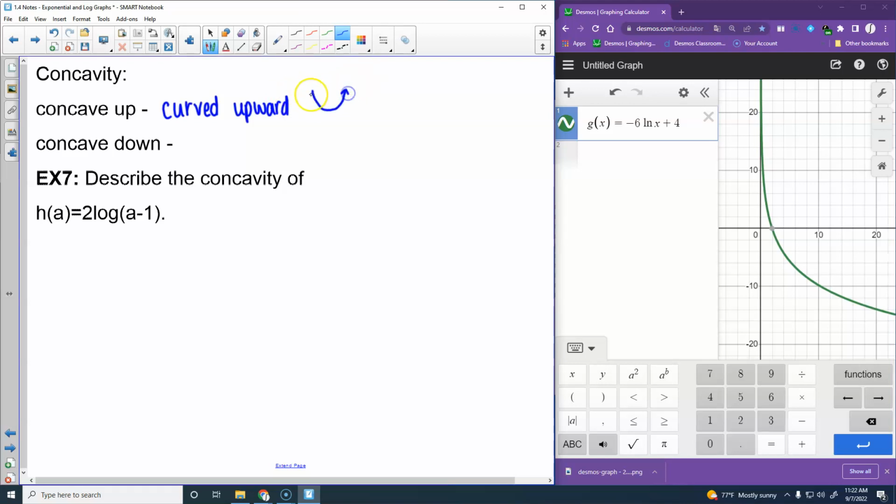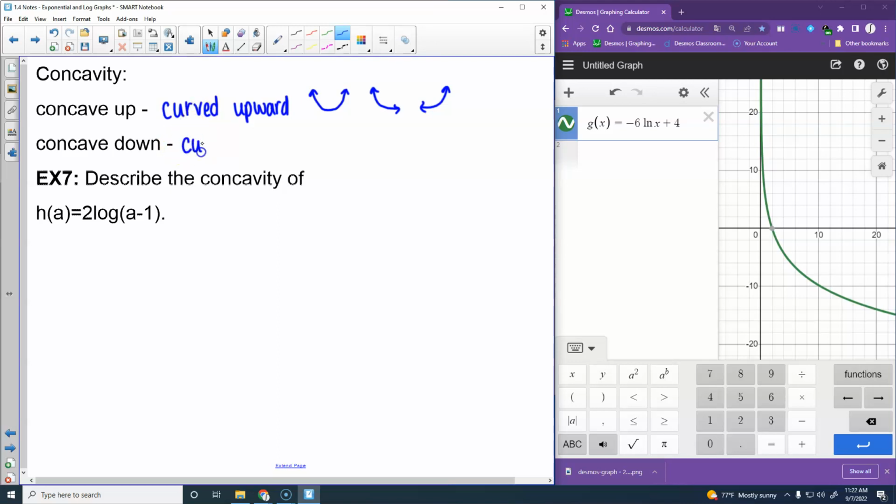The most common concave up is think like a U shape. For logs and exponentials, it's either going to look like this or like this. It'll be only like half of the U, right? So we would say those right there are concave up. It's like an upward part of an upward facing U.